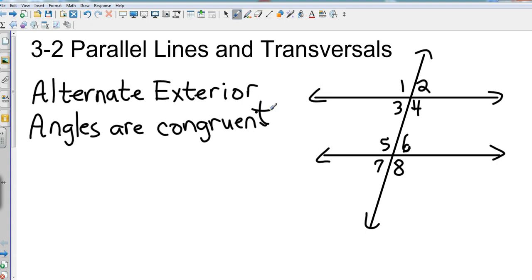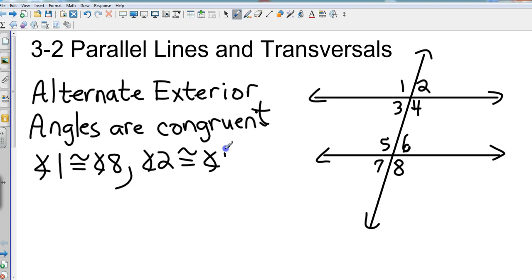Which means angle 1 is congruent to angle 8, and angle 2 is congruent to angle 7. Now remember, these weren't congruent yesterday because the lines weren't parallel. So that's what makes them congruent. We have to have parallel lines for these to be true.